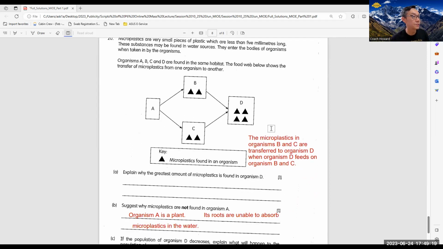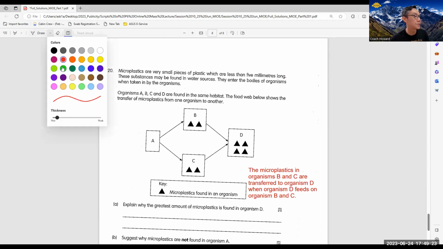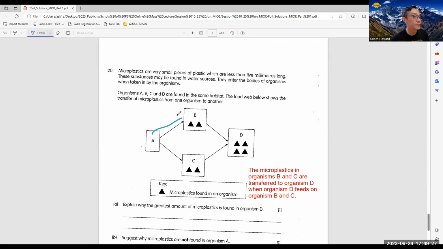So this question is actually a food chain. So if you draw the food chain, A is eaten by B, right? B is eaten by D. Similarly, A is also eaten by C, and C is eaten by D. So notice the two poisonous things here, and 2 plus 2 become 4.